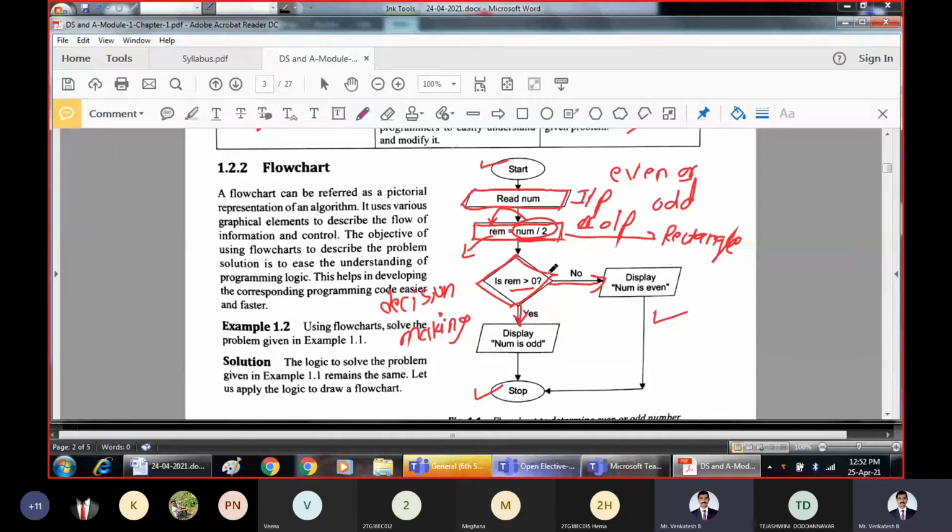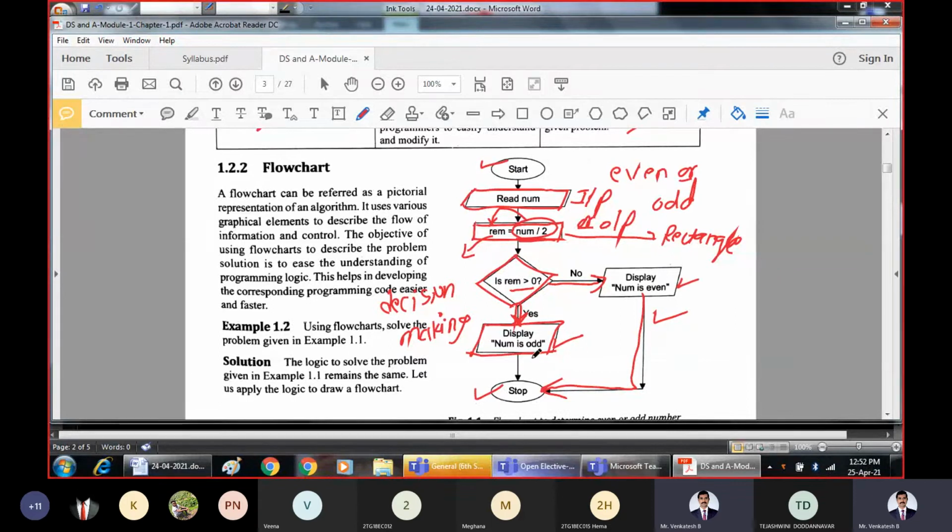So in this case, if it is false, what do we do? Display the number as even and stop ultimately. If it is true, we will take this approach. See, again here it is a parallelogram, it is not a rectangle. Parallelogram is used for either taking the input or giving the output. So here we just display the number as odd, and here we display the number as even.